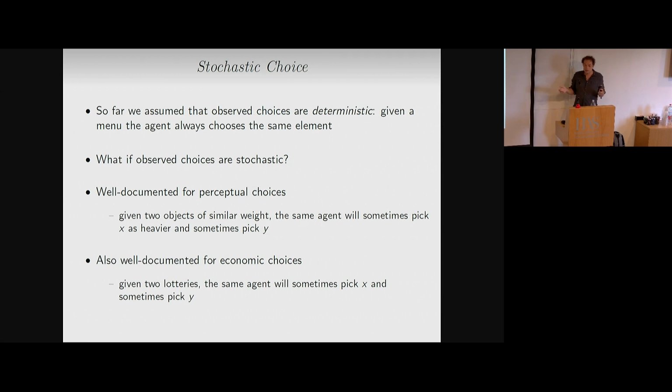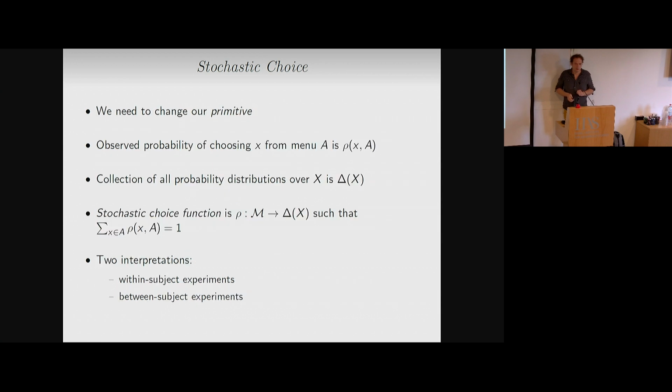This is also well documented for economic choices, for example, lotteries. If we want to have a theory of this, we need to adapt our first year micro theory to stochastic choice. So we need to change our primitive and we need to change our representation. The primitive is the stochastic choice function.